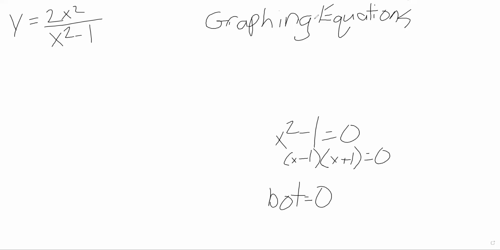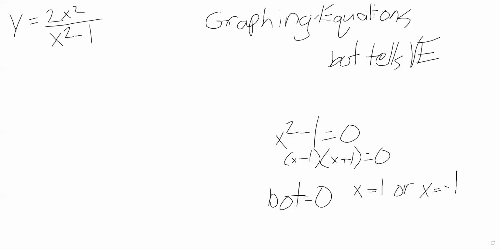We find that when x equals 1 or x equals -1, there will be a vertical asymptote. So I'm going to write, so the bottom tells vertical, that's important, asymptotes.